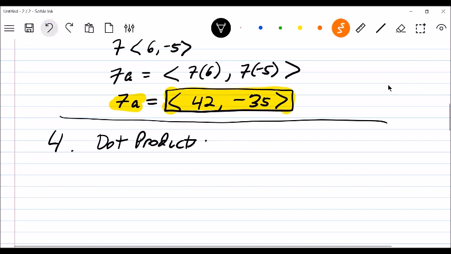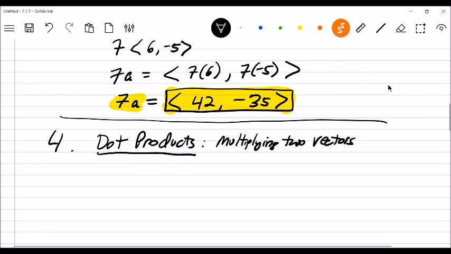Multiplying two vectors. What seems weird here many times is that you get a single number as an answer. You don't get a vector as an answer with dot products. All the others you get a vector as an answer. So there's a certain pattern. Let me do it this way.